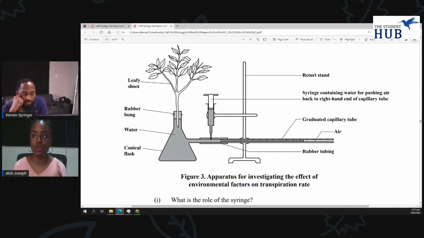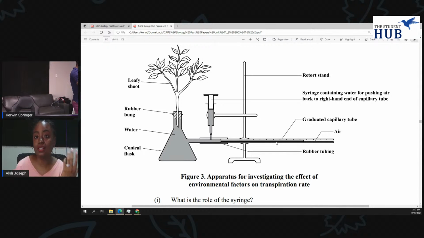So water would be lost from your leaves, and then it would cause the liquid to move in this graduated capillary tube, and you would usually look at the distance it moved to see how fast transpiration is happening, and then we manipulate different factors, whether it's humidity, light, wind, to see what effect it has and how quickly this line will move, right?